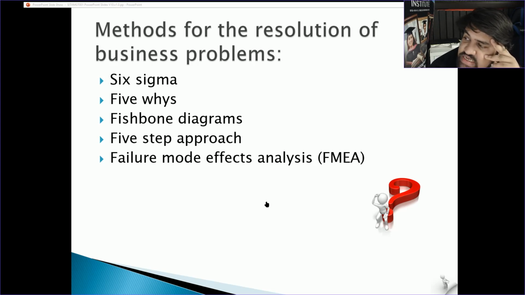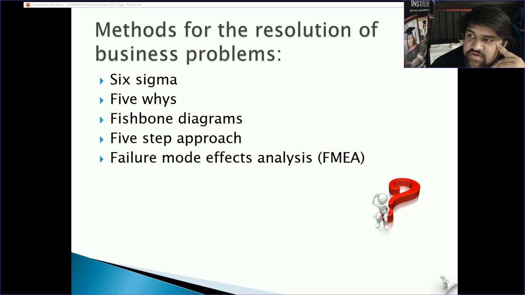You're looking at going through defining the problem, then creating measures to solve that, analyzing how you've done, and then you're looking at things such as how to control those problems and how to improve them going forward. So you're going through define, measure, analyze, improve, and control, right?